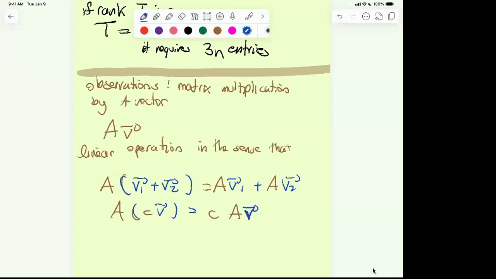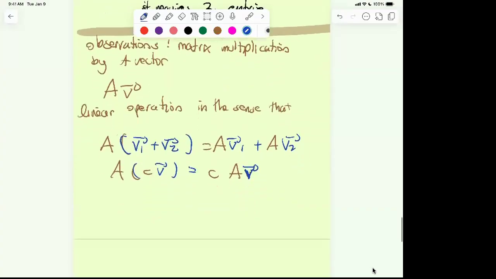So that is the more abstract definition of a matrix, right? A matrix is just a linear transformation, which you may have seen before. So that's the grown-up version of the definition of a matrix.